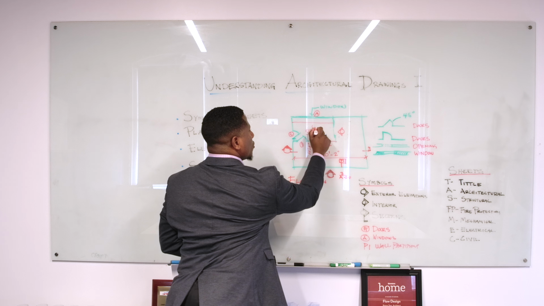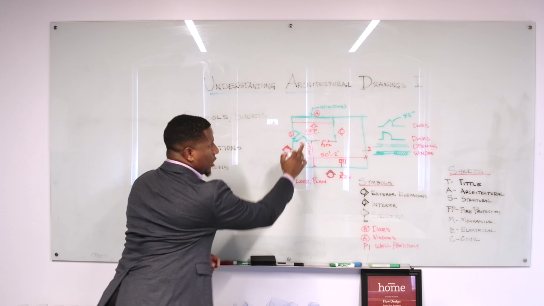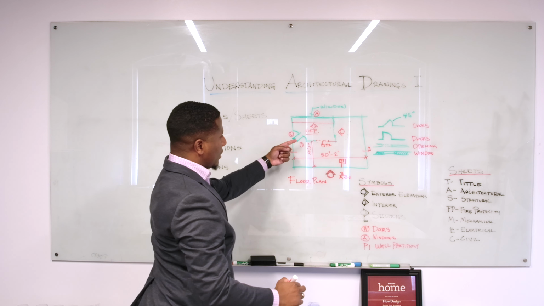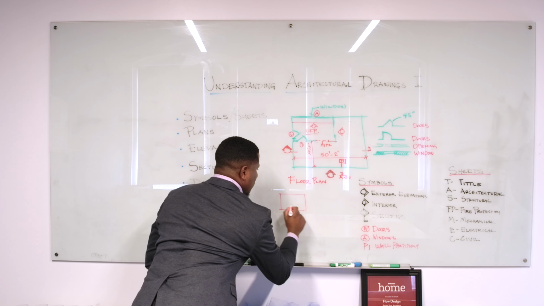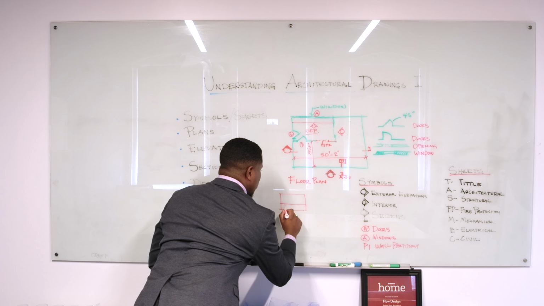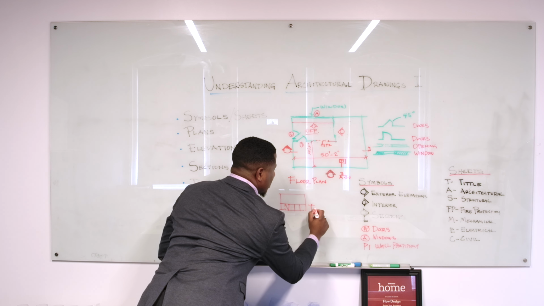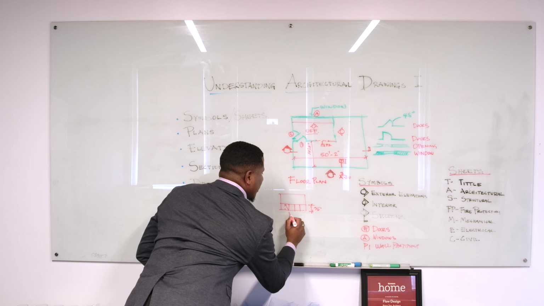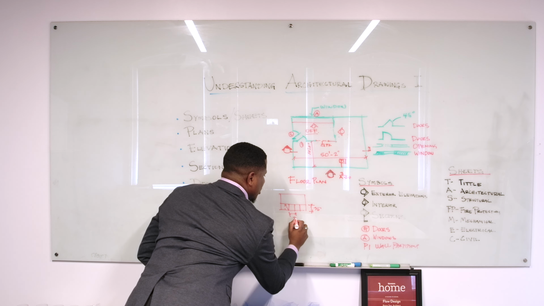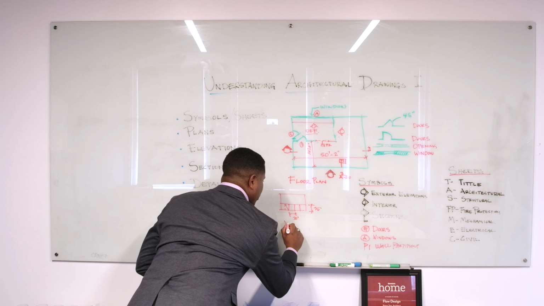If you draw an elevation symbol within that, what that means is in a different location within the set of plans, there is going to be an elevation with a counter, and it's going to have the cabinets, it's going to have cabinet sizes, and it's going to say this cabinet is 36 inches high, this countertop is 36 inches high, the cabinets are going to be 30 inches wide.